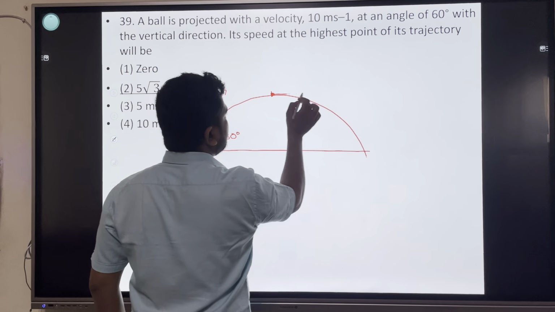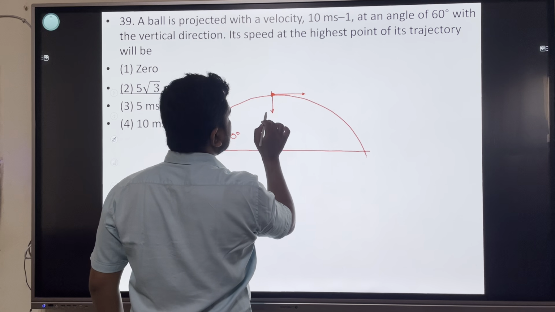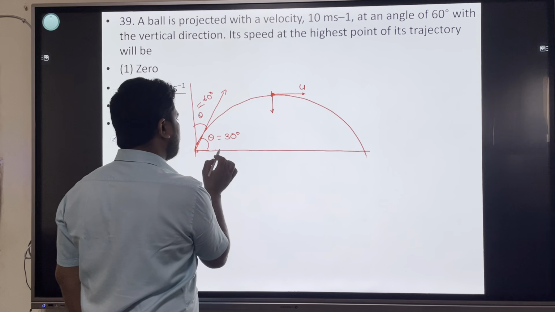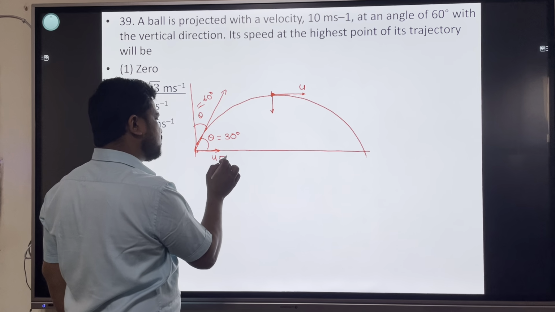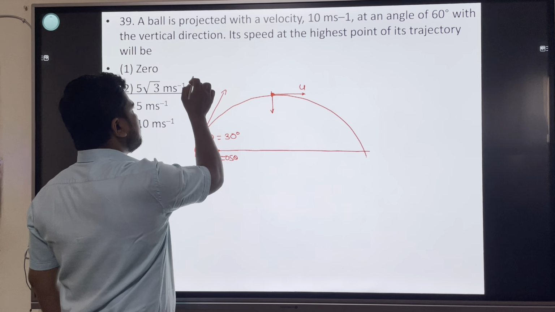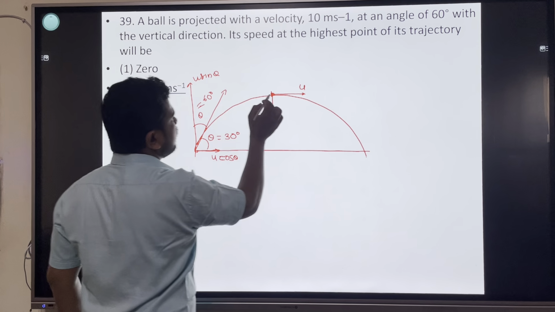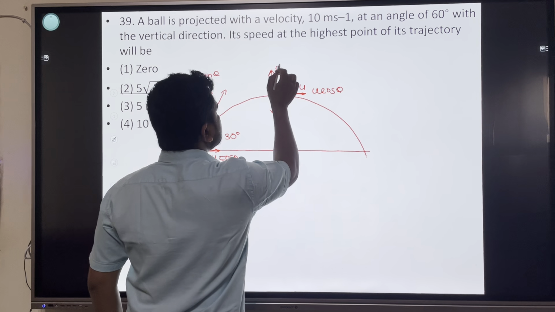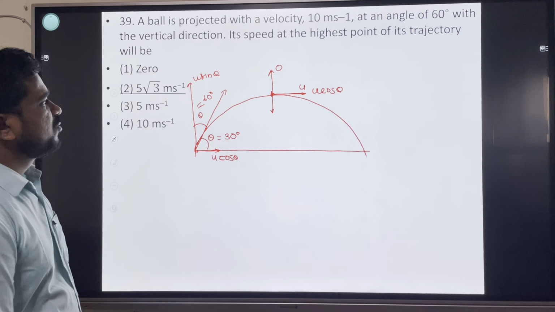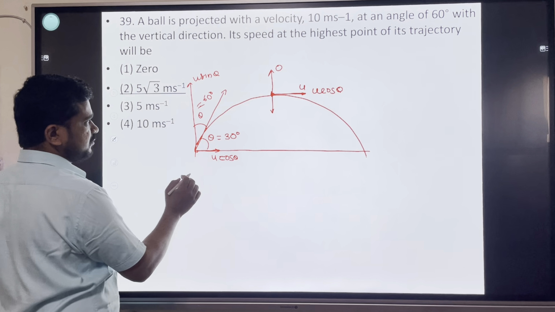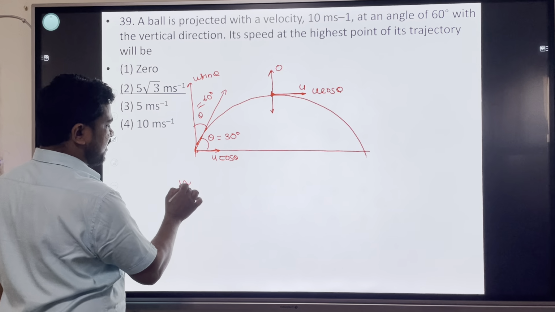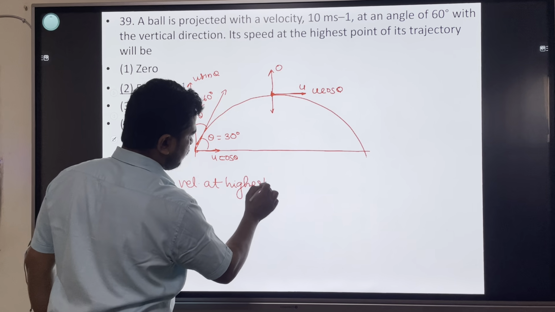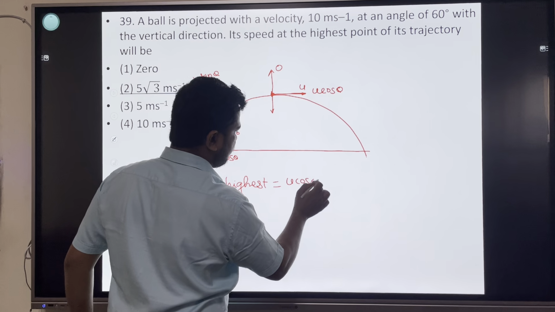Velocity at the highest point: this is u cos theta, this is u sin theta, this is u cos theta. Vertical component is 0. Therefore, velocity at the highest point is equal to u cos theta.